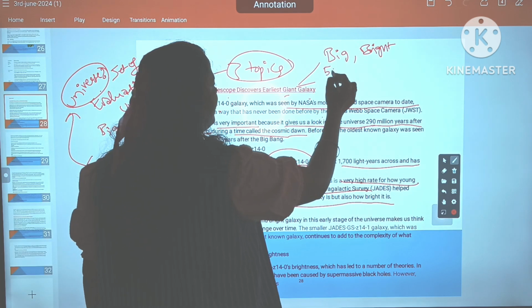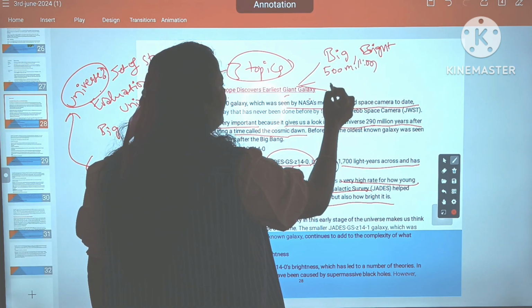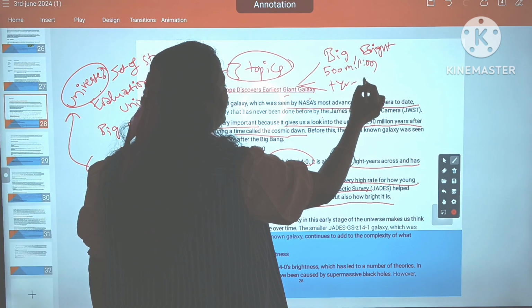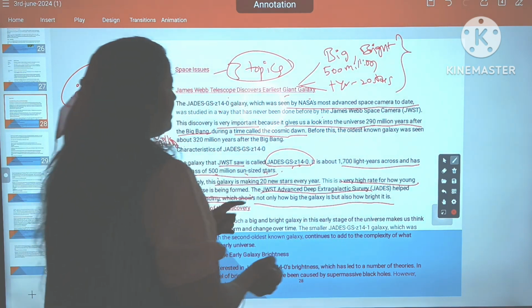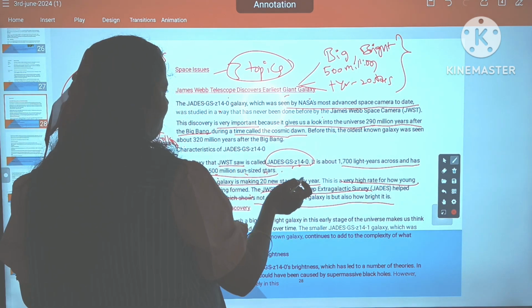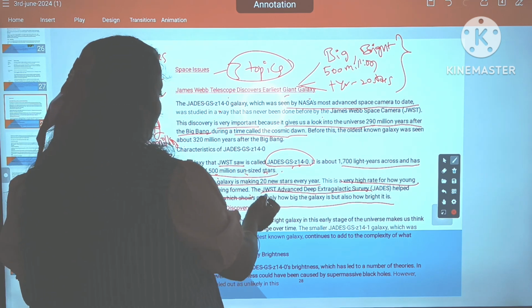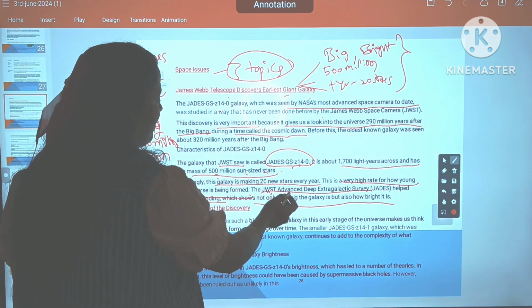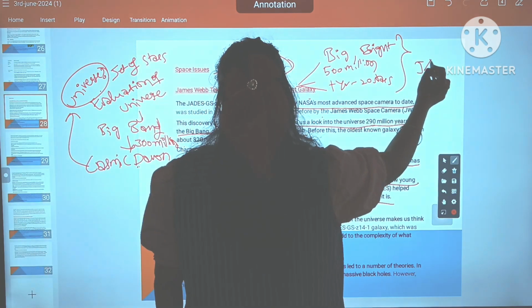It is having 500 million stars, and every year it is adding 20 stars. And you have to remember this also, that it was discovered by the Advanced Deep Extragalactic Survey, JADES.